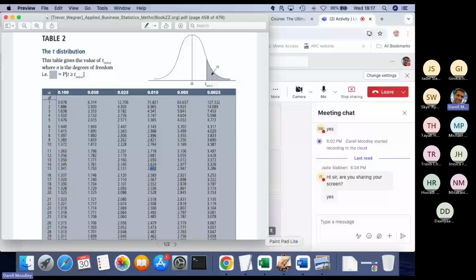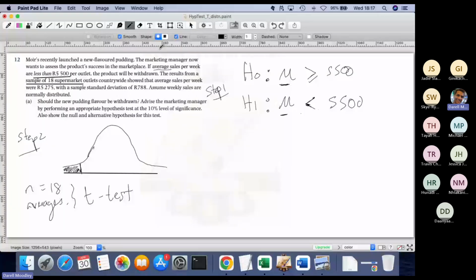So let me sketch it to put things in perspective. If I draw this T curve, let's say this T value here, I'll make up a value, let's say it's 1.1, then the area on the right of 1.1 is given inside this table.